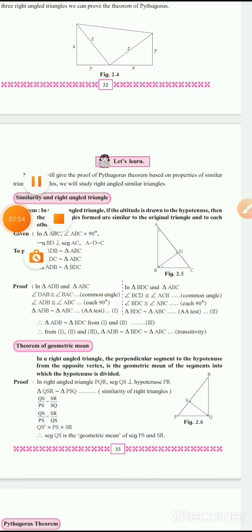Now we are seeing the theorem of geometric mean. Let us see first of all the statement of this theorem.